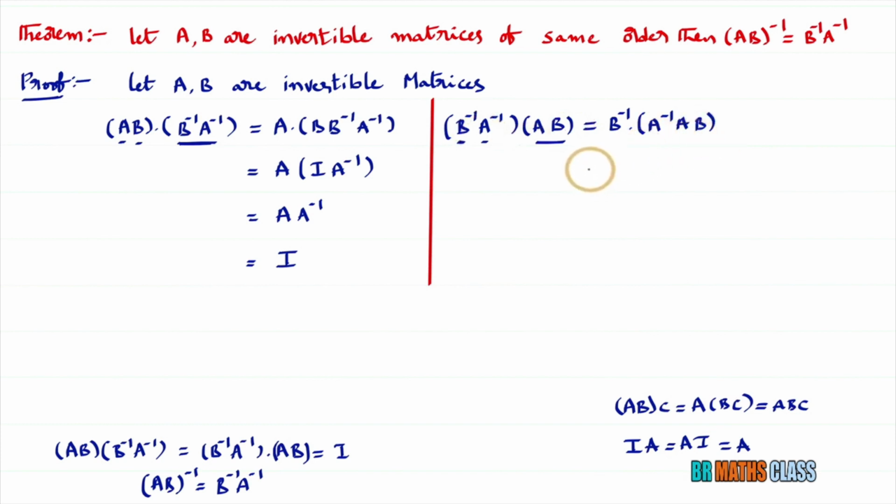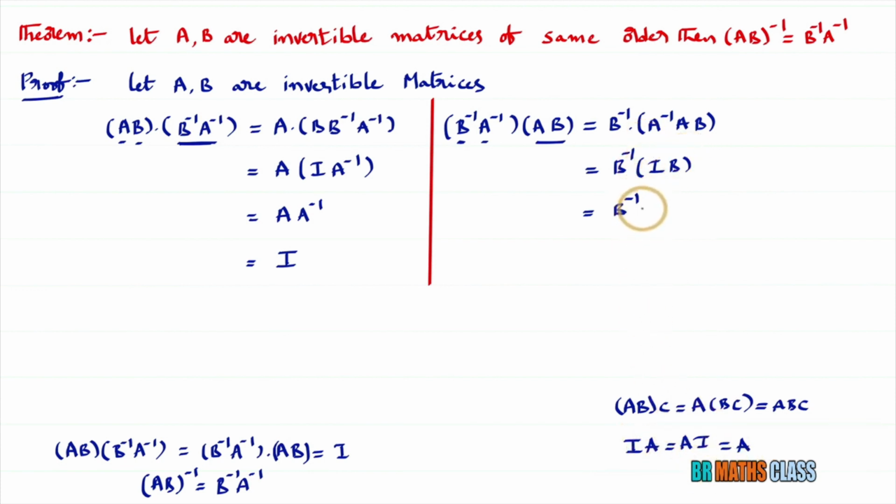This equals B inverse into, and we know that A inverse into A is I. So A inverse into A is I, into B. So that equals B inverse into I into B, as per this property: I into A is A, I into B is B, I into C is C, like that.